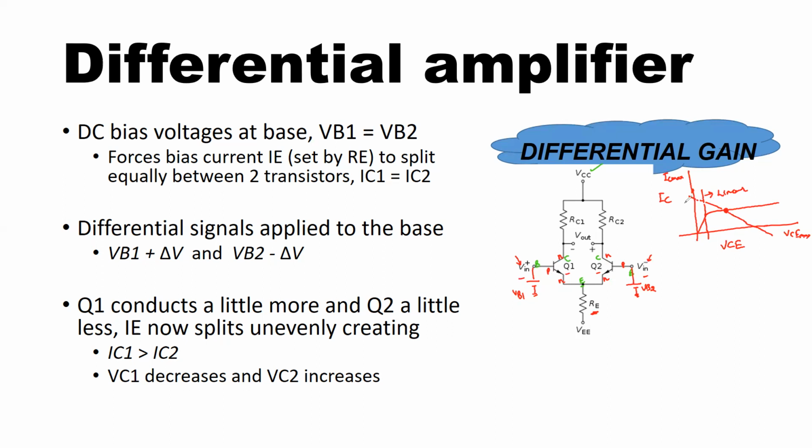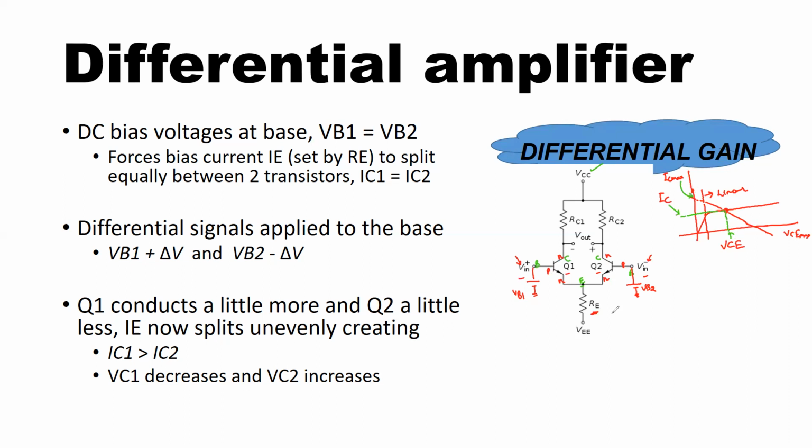And my biasing point, the IC that I'm letting flow in the transistor, would be this one. Let me draw it properly. So here is my IC current, and this is my VC point. Okay, and that's my IC max here, this point.